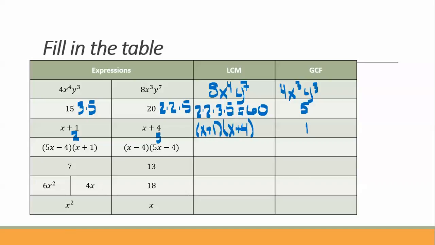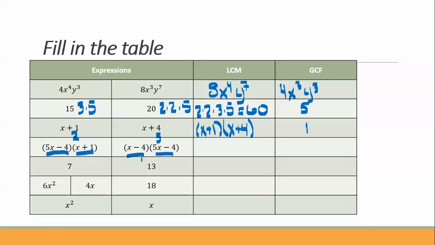Notice we only wrote that 5 once because it was in both. Even though it was in both, we only wrote it once because it covered both. So the least common multiple covered 2 times 2 times 5, and then separately covers 3 times 5. So our factors for this are 5x minus 4 and x plus 1. Our factors for this one are x minus 4 and 5x minus 4.